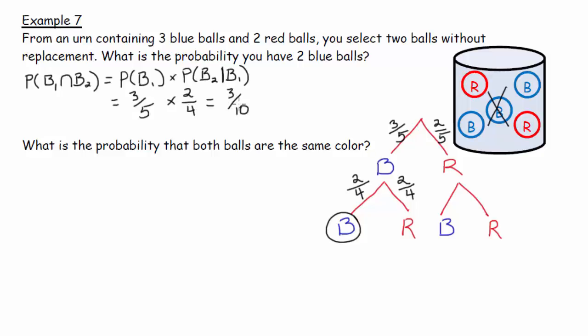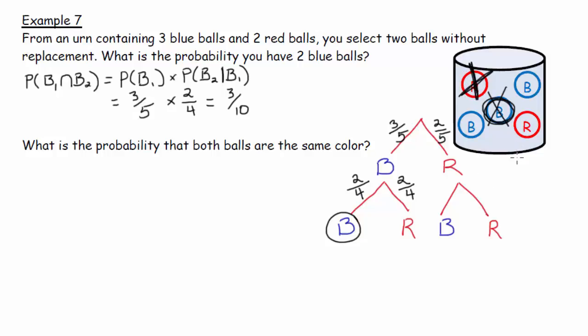Next we ask, what is the probability that both balls are the same color? That could happen here if I get a blue and a blue, or it could also happen over here if I got a red and a red. So now I need to assume that my first selection was a red. So this ball is back in the pot, but now I got a red.